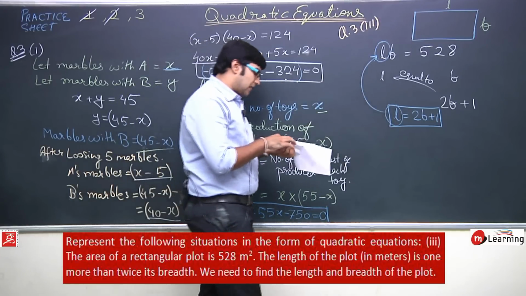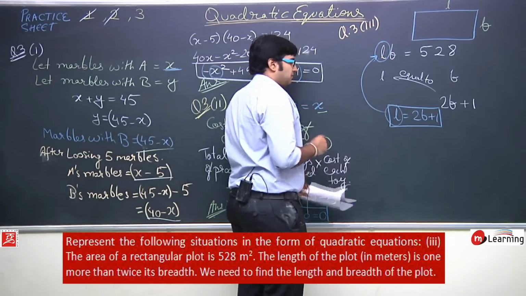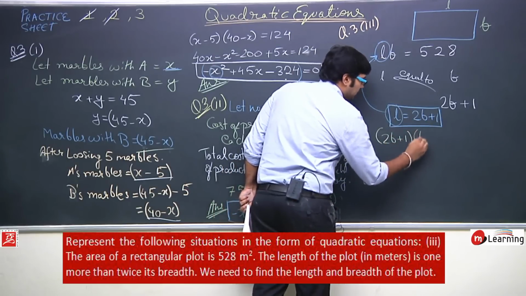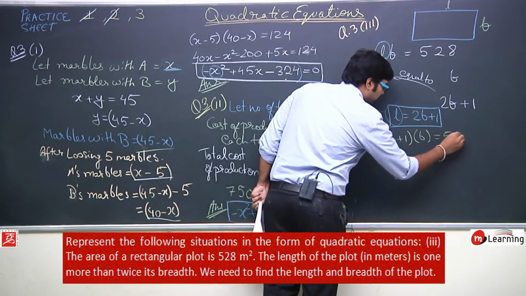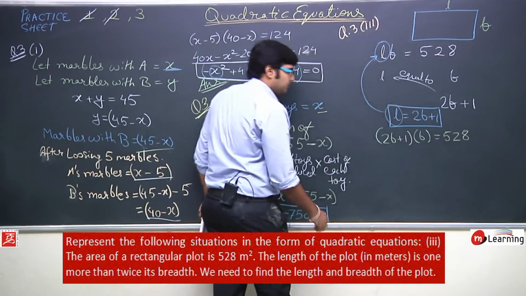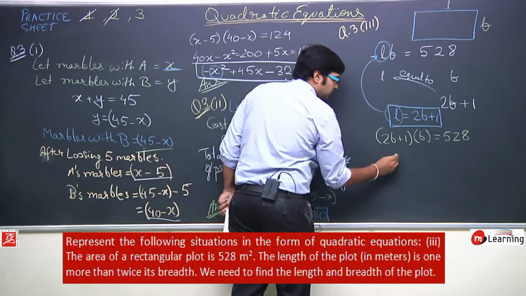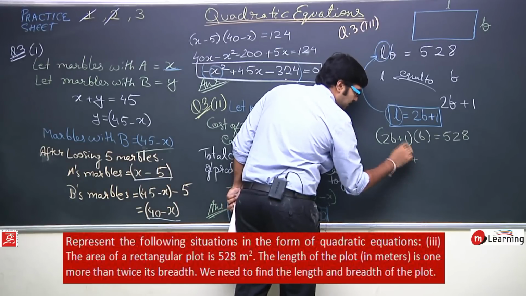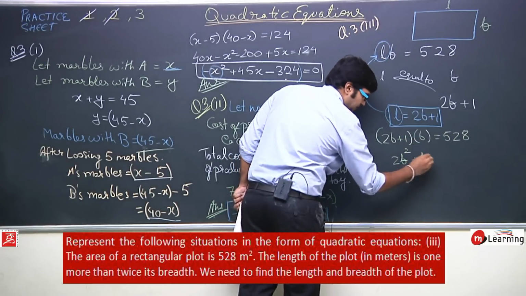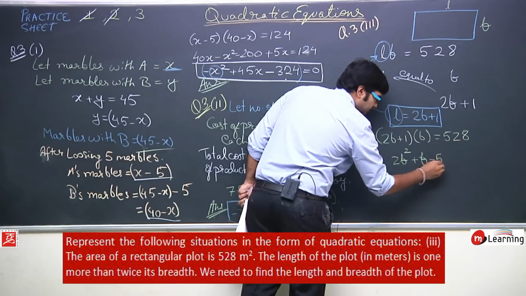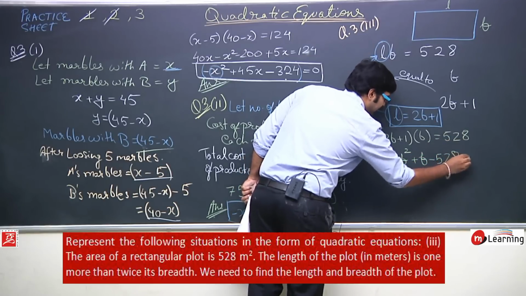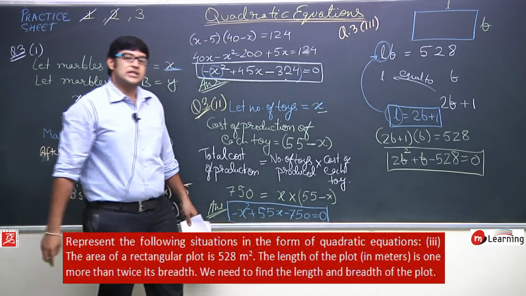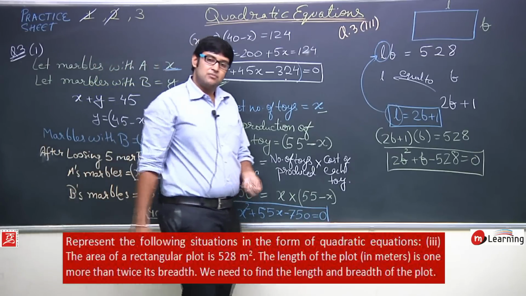So when we substitute the value of L, it will become 2B plus 1 into B is equal to 528. When you multiply this, 2B into B will give you 2B square, plus 1 into B will give you B, and minus 528 equals 0. So this will be the quadratic equation obtained for this practical problem.